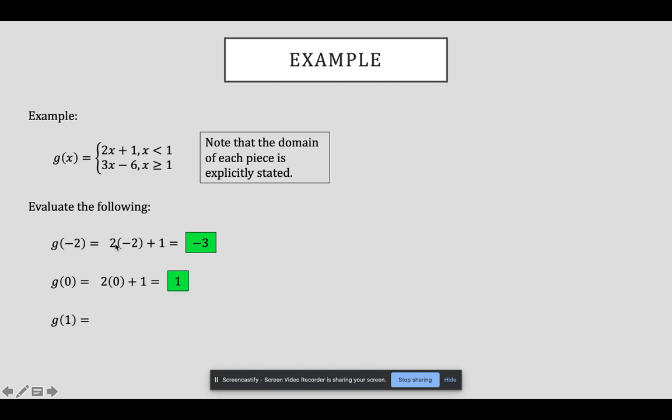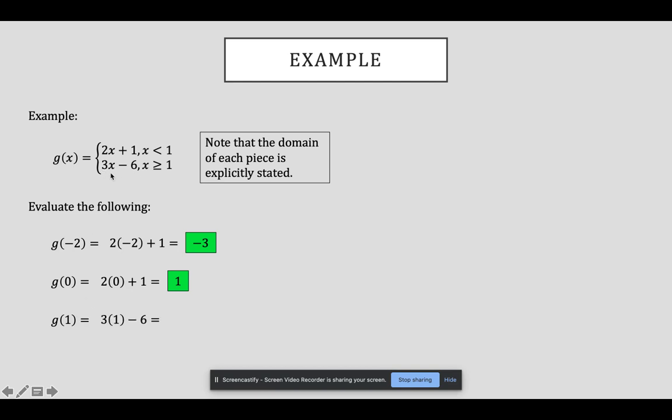Now, g of 1. To evaluate g of 1, again, let's look at our domains. Here I have x is greater than or equal to 1. Because it falls under the domain of the second piece, we are going to plug 1 into the second piece of the equation.